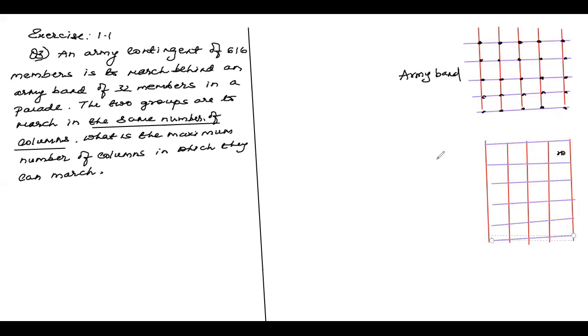Okay, very simple. ये आर्मी ग्रुप. ओके, एंड दिस इज द आर्मी बैंड. आर्मी बैंड आगे मार्च कर रहा है, आर्मी ग्रुप पीछे मार्च कर रहा है. द नंबर ऑफ कॉलम्स फॉर बोथ ऑफ देम इज सेम, 1 2 3 4 5, 1 2 3 4 5. बट रोज में अलग आएगा ही, बिकॉज इसमें खाली 32 पीपल है और इसमें 616 पीपल है. सो नेचुरली इसमें ज्यादा रोज आएगा बेटा.